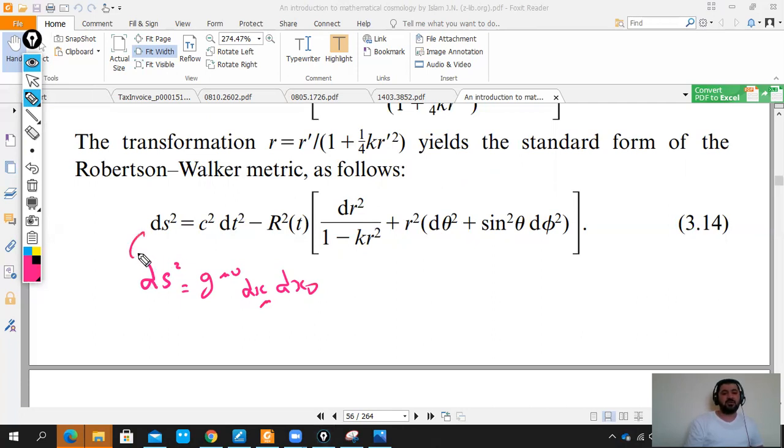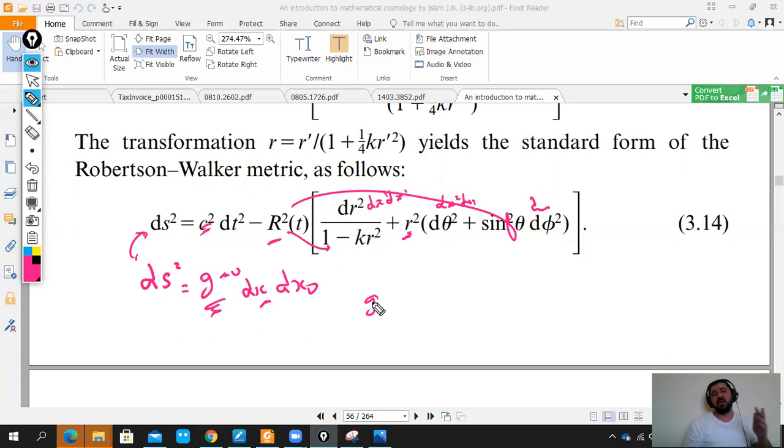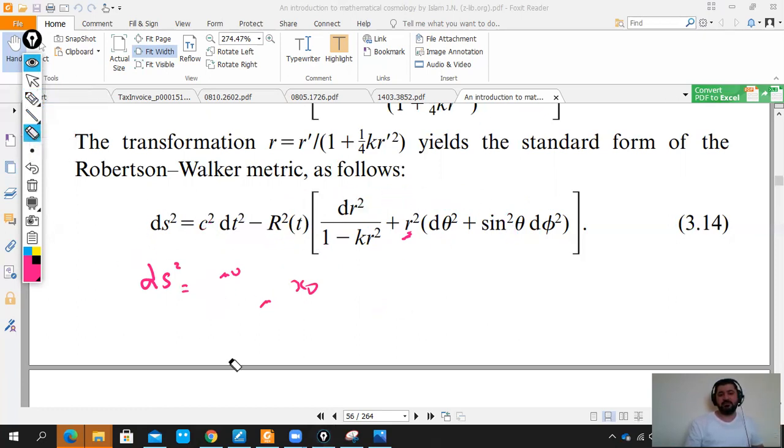By comparing, we can conclude the components of g mu nu, where, for example, g00 will be c squared, g11 will be this, g22 and g33 will be this with this, because these represent dx1 dx1, dx2 dx2, dx3 dx3. We can see that there are no mixed terms like dx1 dx2, so only the diagonal components exist, and the other components vanish.